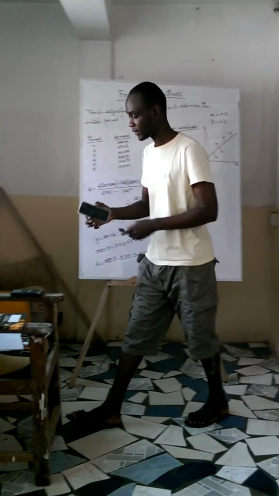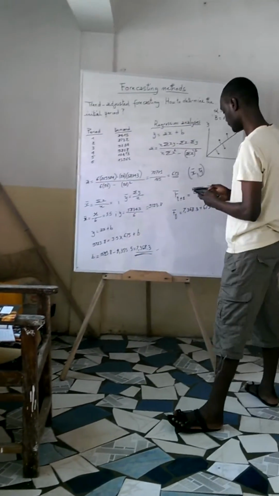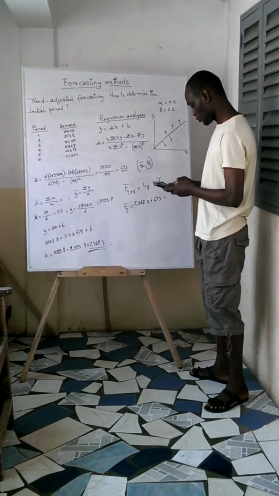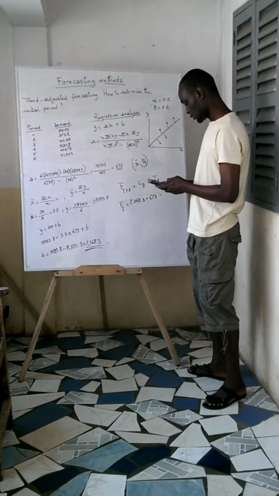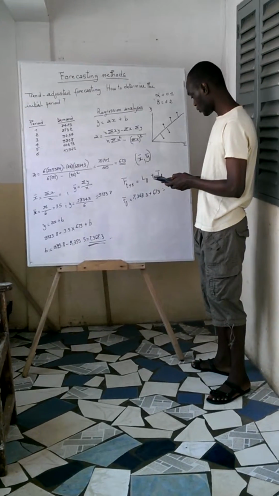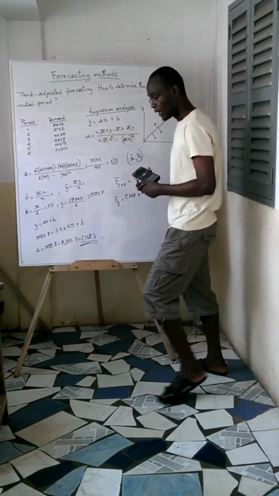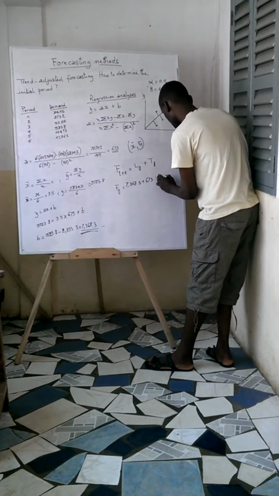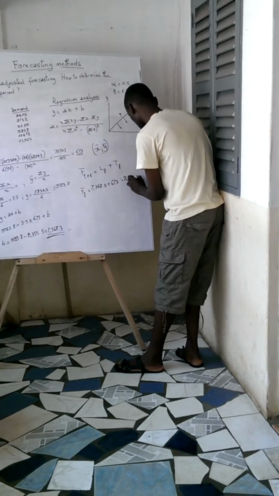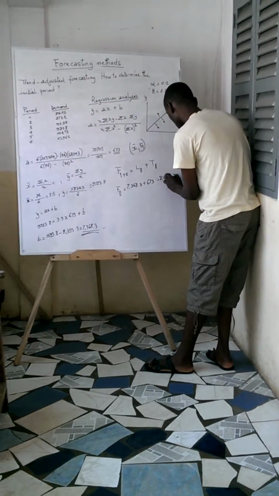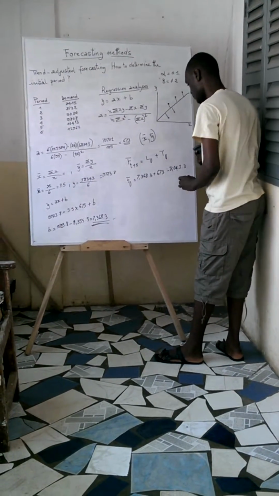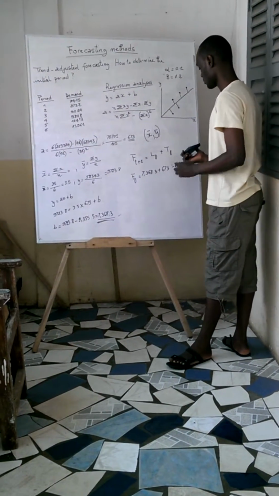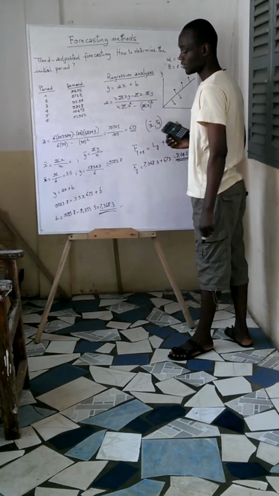If we calculate that, 7,368.3 plus 673 is equal to exactly 8,041.3. Okay, so this is our forecast for period 0.